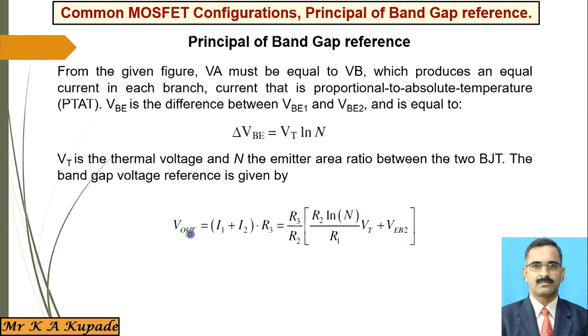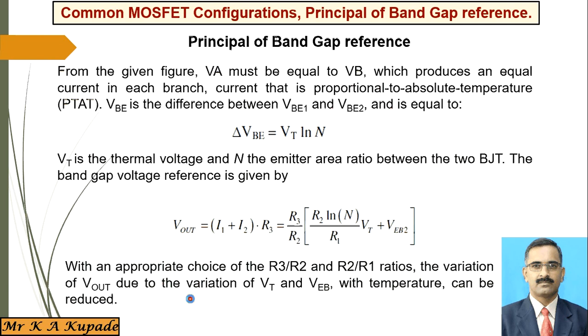Okay, and by considering that, the band gap voltage reference is given as V out equals I1 plus I2 times R3, and this equation is again written like this. Now with an appropriate choice of the R3 to R2 ratio and the R2 to R1 ratio, the variation of V out due to the variation of VT, that means the thermal voltage, and the variation of the emitter to base voltage with the temperature can be reduced or maintained.